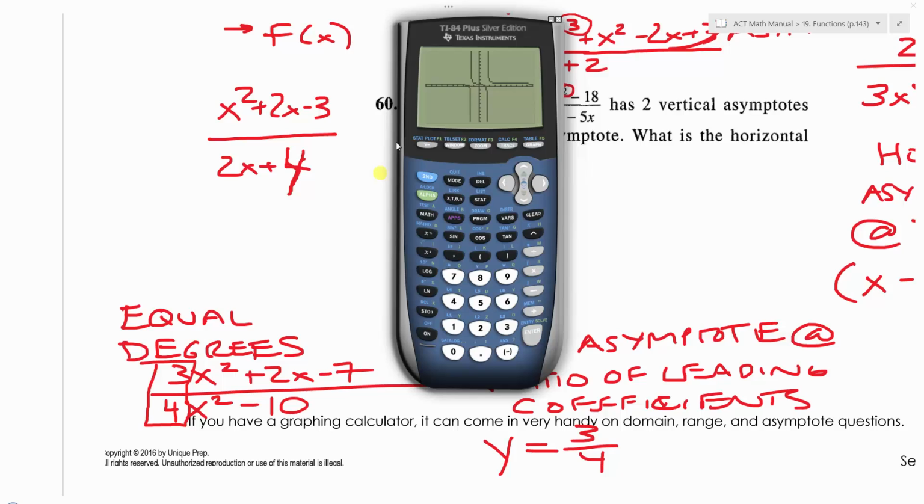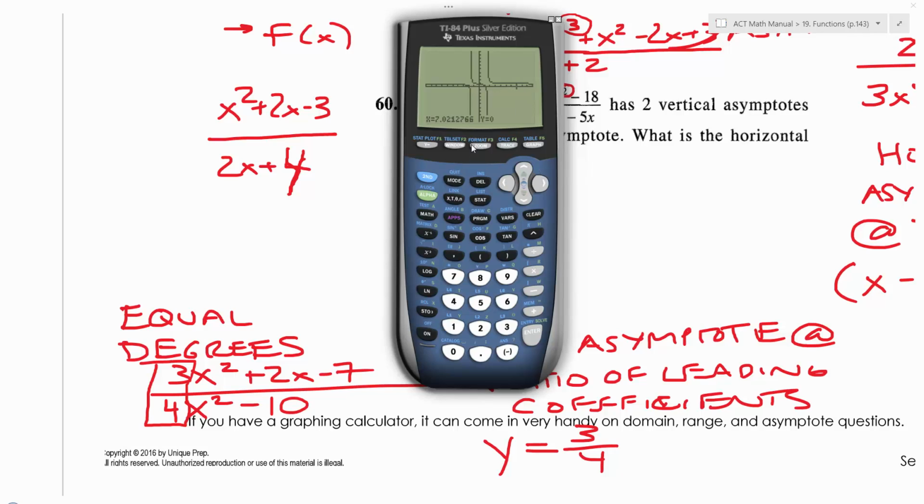But again, you've got this portion of the graph that seems to run through all y values, which is why I said before we can't really think of horizontal asymptotes as things that the graph can't cross. We have to think of them as the horizontal lines that the graph gets closer and closer to as we go farther and farther to the right, or get bigger and bigger or smaller and smaller x values.